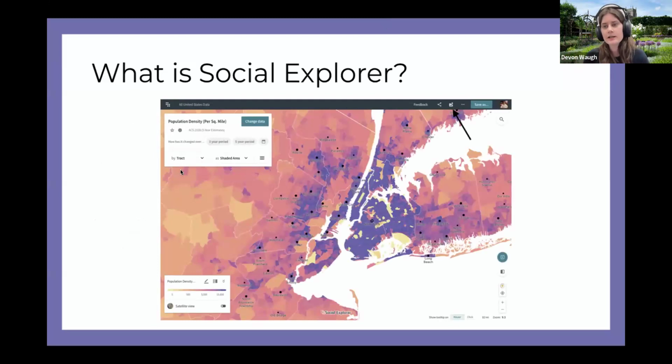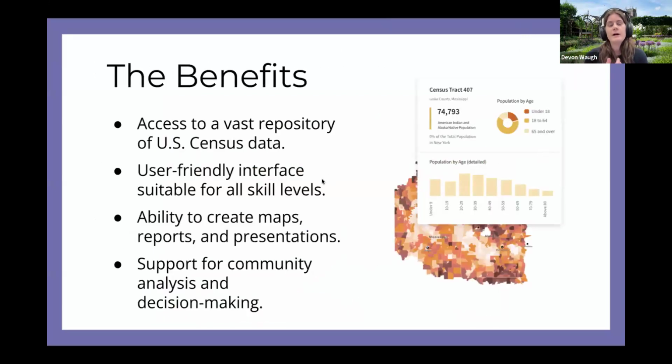Social Explorer is a mapping tool that pulls in various sources of demographic data. The benefits are you have a vast repository of US Census data as well as data from the American Community Survey. It's a very user-friendly interface that is suitable for all skill levels.